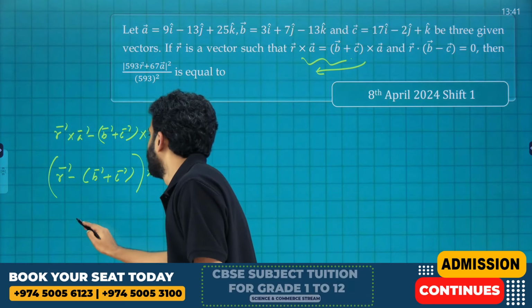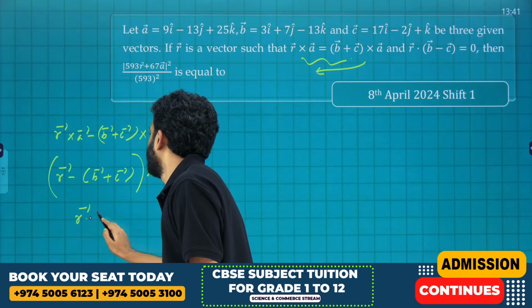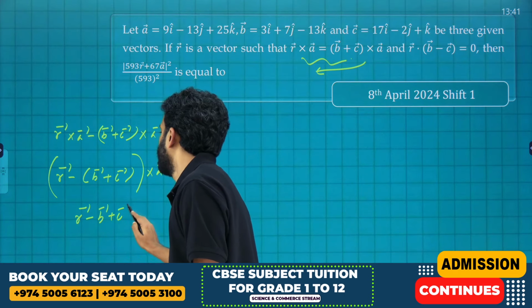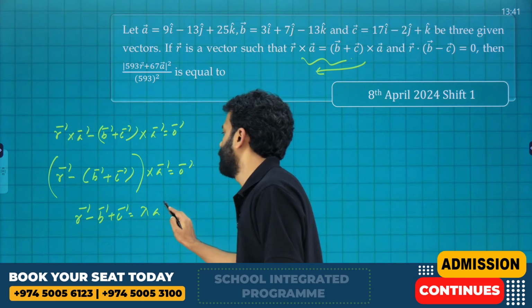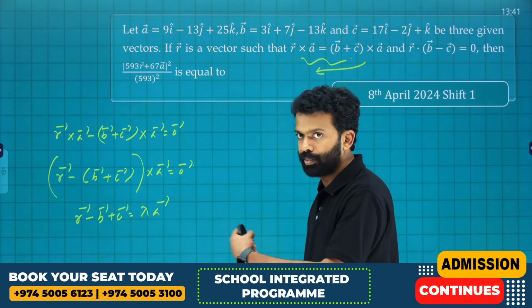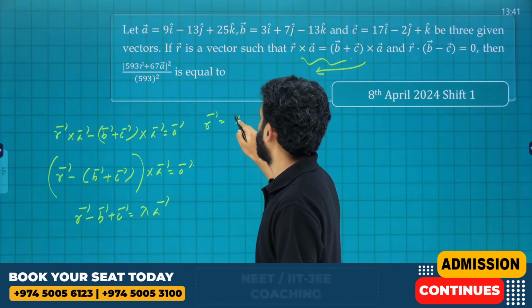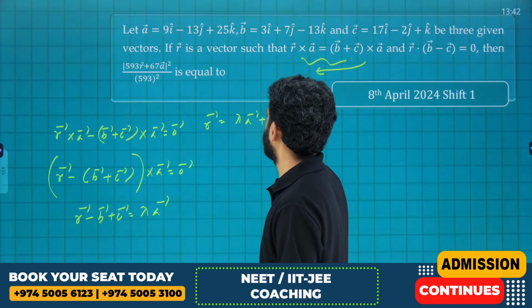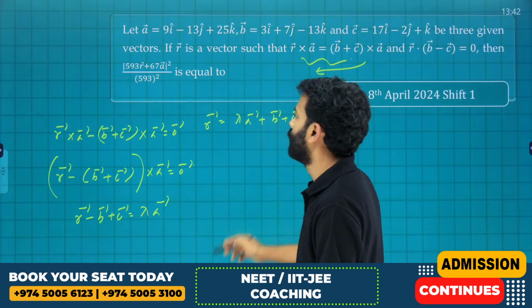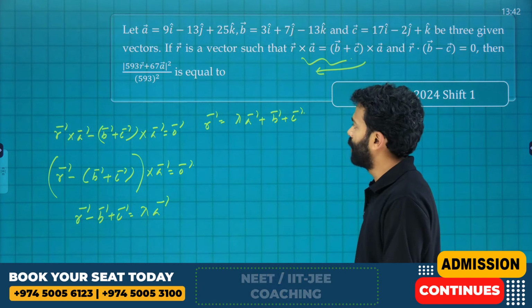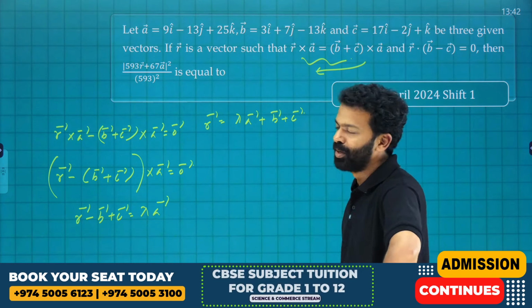Next, vector r minus vector b plus vector c is equal to lambda vector a, the property which we discussed in the previous questions. So vector r is equal to lambda vector a plus vector b plus vector c.